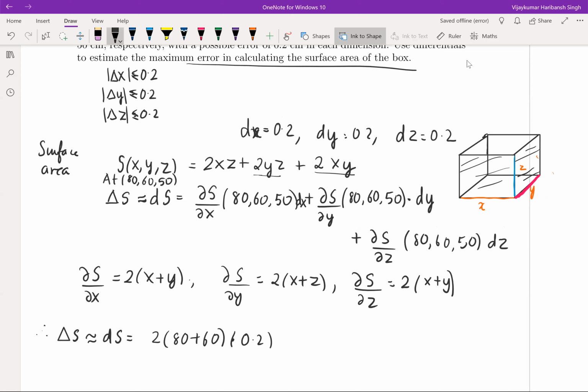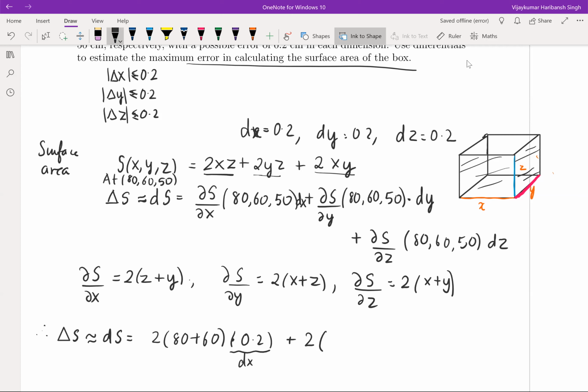They all have the same dx. Plus 2 times x plus z. So hold on, there is an error here: if you take the derivative with respect to x, you get z, and then you get y.